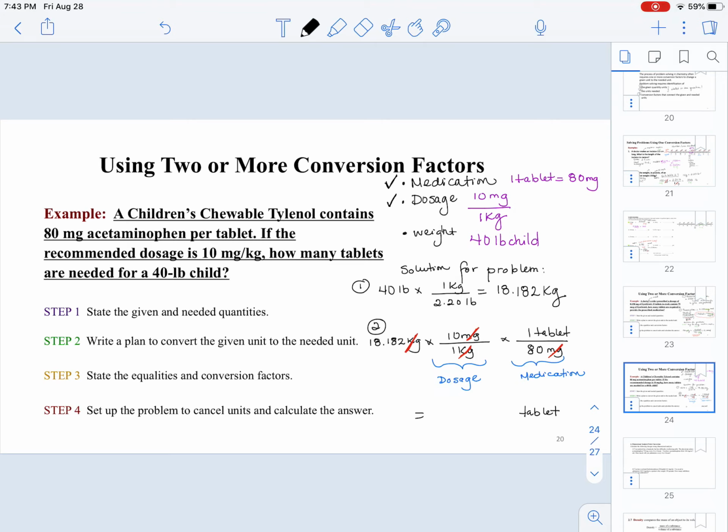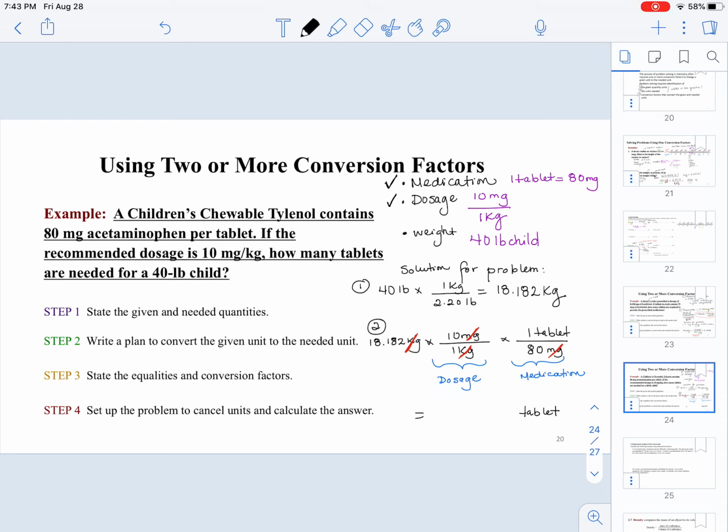Now I'm going to take that 18.182 and multiply it by 10, multiply it by 1, and then divide everything by 80. As you can see, your calculator display is going to give you 2.27272727.